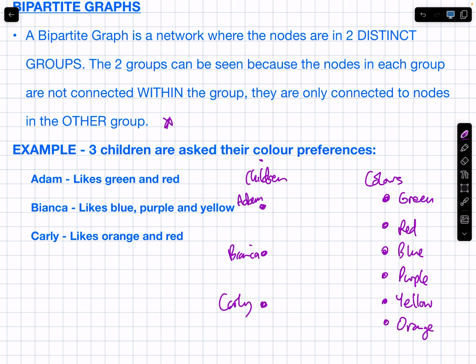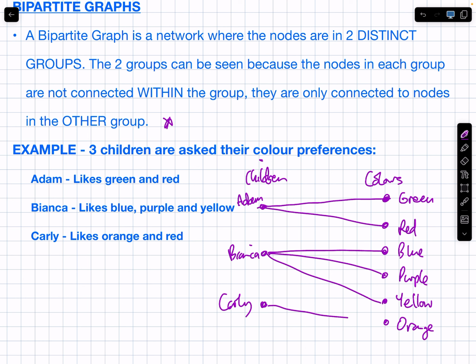Does Adam like green? No. Yep. So there'd be a connection there. Does Adam like, what does Adam like next? Red. Bianca likes blue. Bianca likes purple. Bianca likes yellow. Carly likes orange.